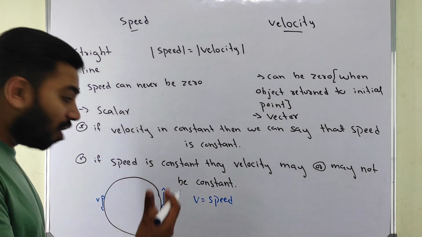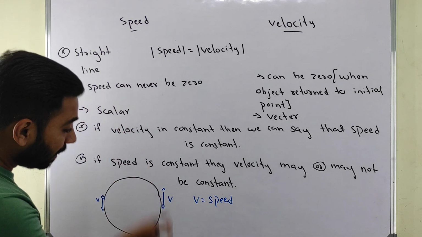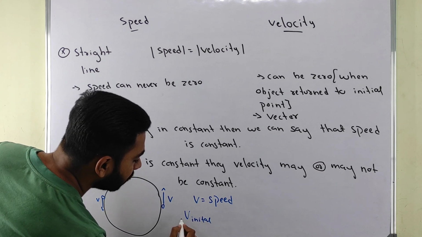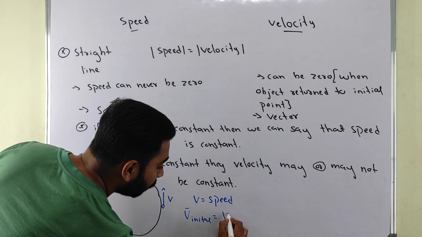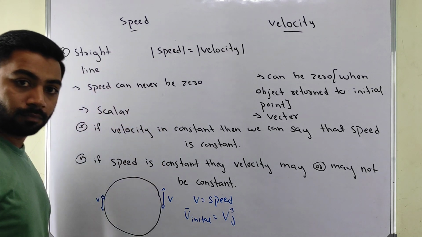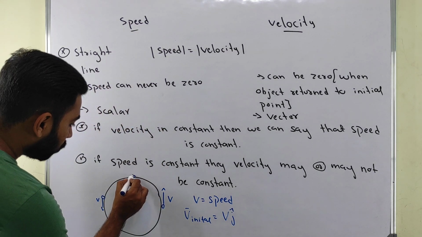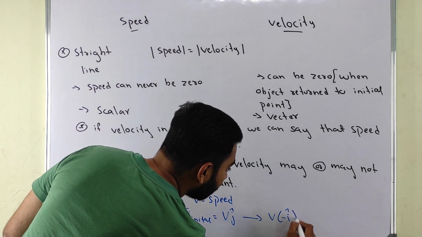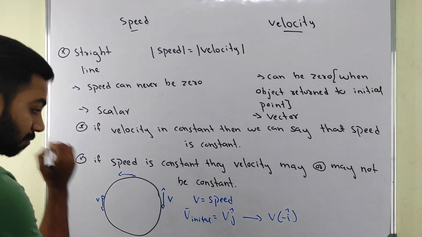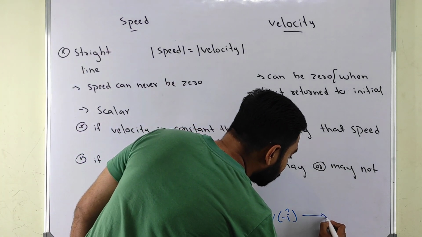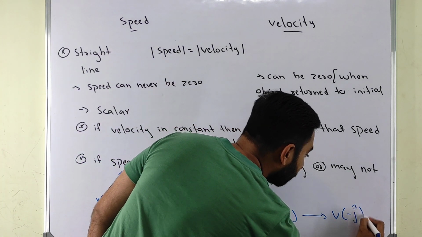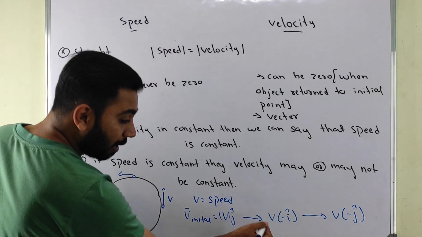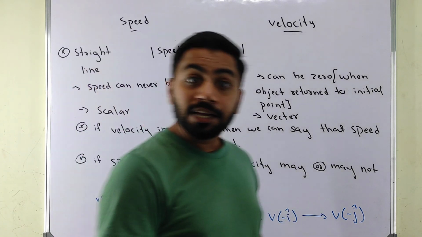But when you take velocity, here the particle velocity is upward. See, initial velocity, here the particle velocity is v j cap. When the particle comes to here, its velocity turns to v minus i cap. When the particle comes to here, its velocity turns to minus j cap. See, velocity magnitude is constant, but direction is changing.